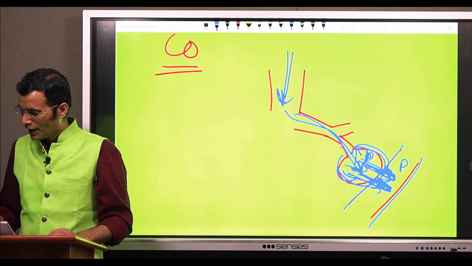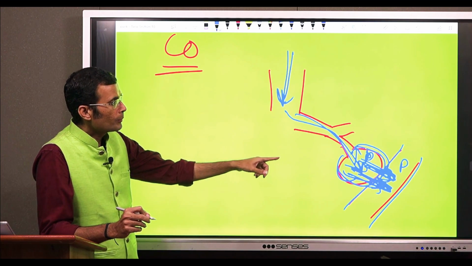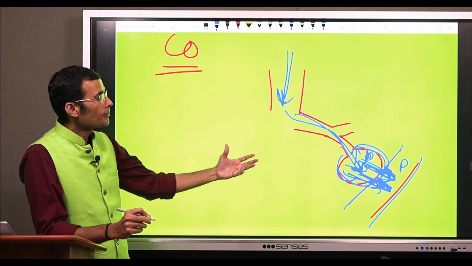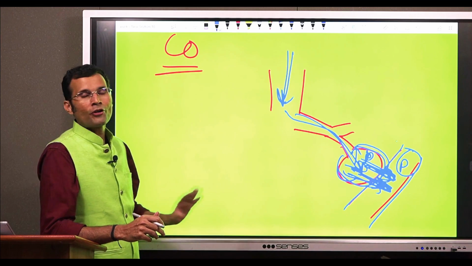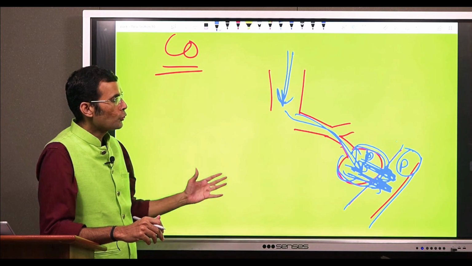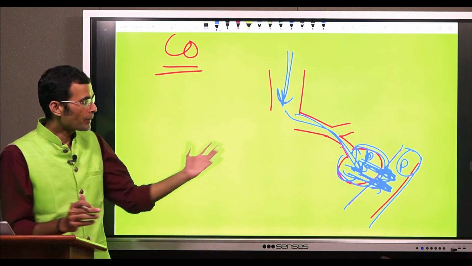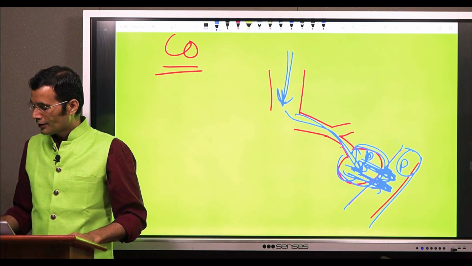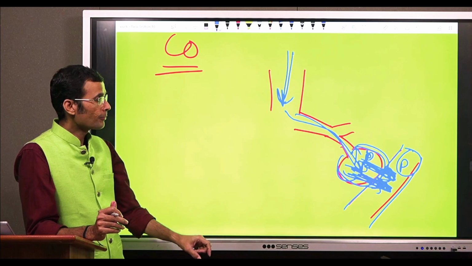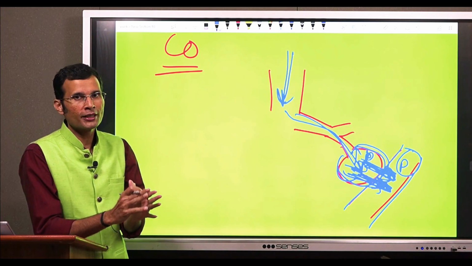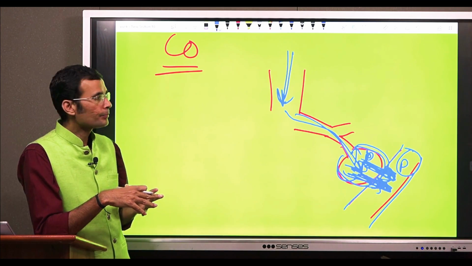So the partial pressure of that gas becomes higher, but its partial pressure in the blood does not rise. That means there is a pressure gradient and it will continue to diffuse, and from its rate of diffusion we will measure the diffusing capacity of the respiratory membrane.